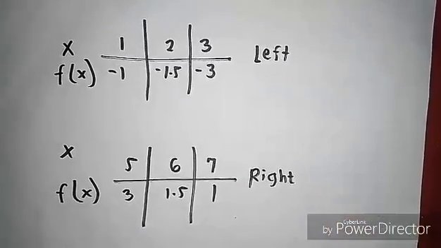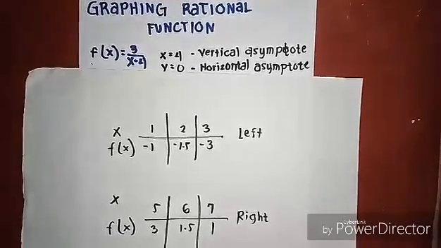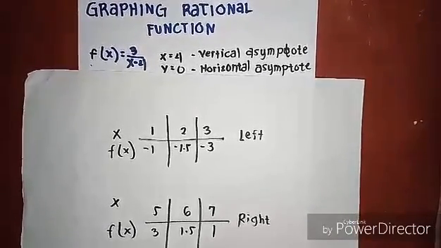This is our table of values. We have now the asymptotes and the table of values, so we can now graph it in our Cartesian plane.